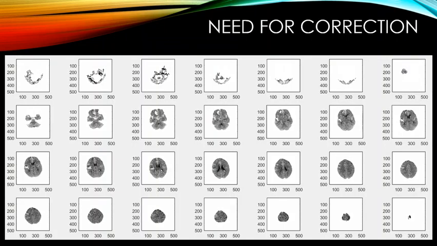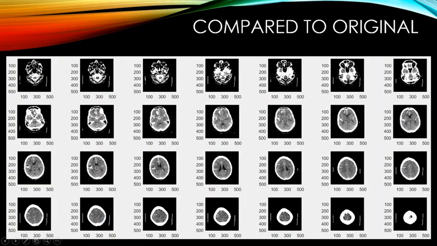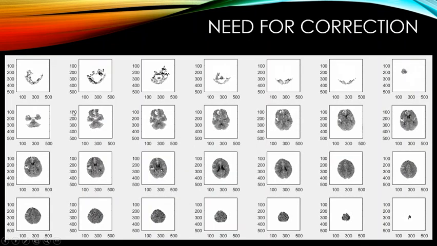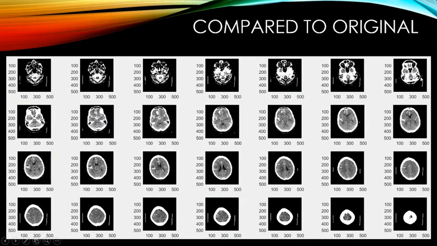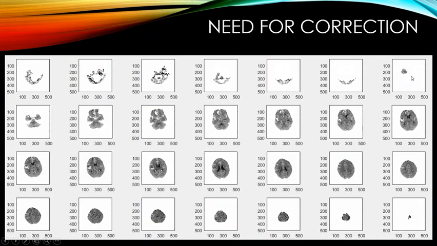This is an example of our results using only connected component labeling, and as we can see starting here, we start to run into some problems when compared to the original images. This slice is missing this front part, and this slice, the same one we were looking at on the previous slide, is missing up to 5 other portions.